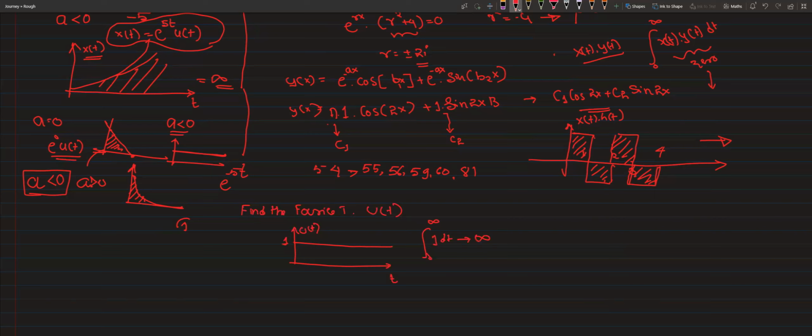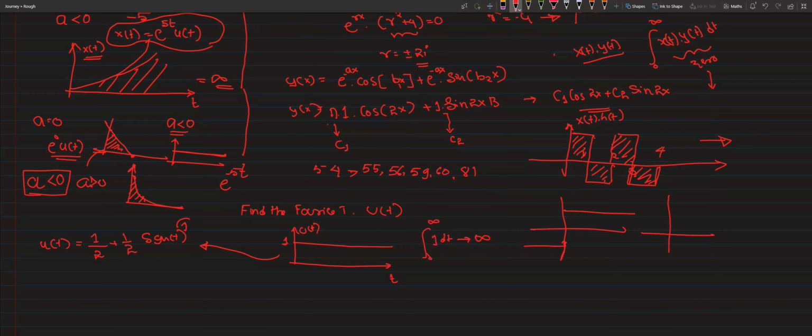So what we have to do is use a trick, usually for finding the Fourier transform of u of t. If you remember, in the first or second class I discussed that u of t can also be mentioned as 1 by 2 plus 1 by 2 of signum of t. Signum of t is plus 1 and minus 1 on both sides.